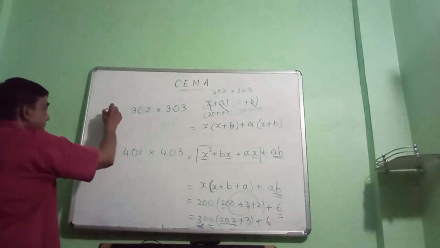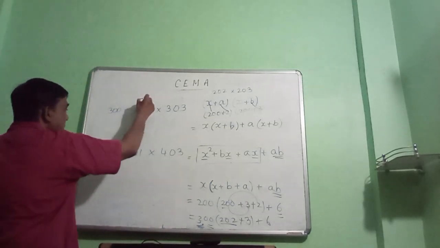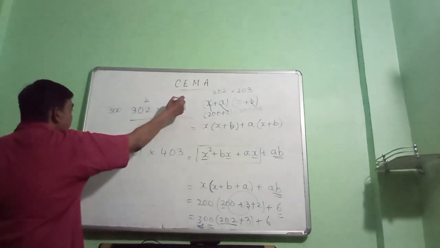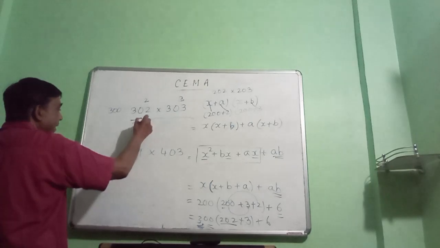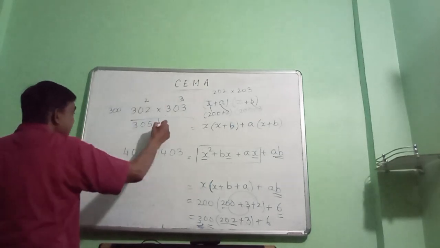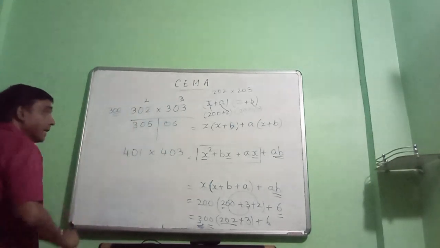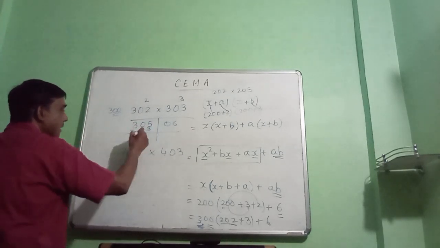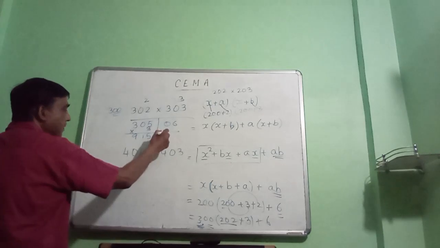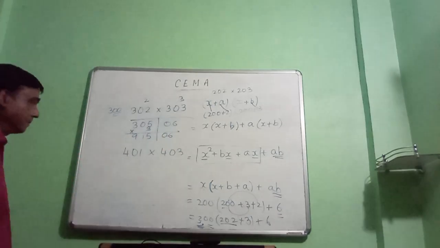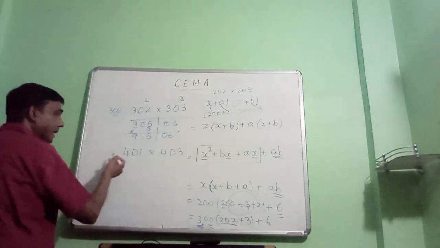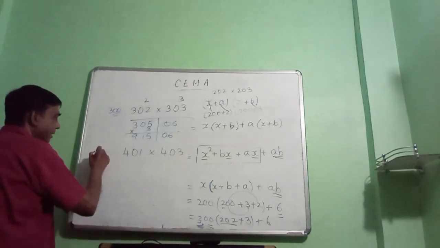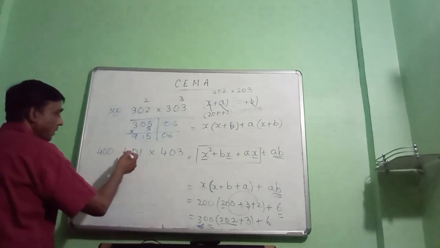So 300 is the base, 2 more here, 3 more here. So 302 plus 3, that's 305. And 2 3s are 6, because of this 100 that is there. And multiply this by 3, it becomes 91506. Okay, the same applies for 400, 500, 600, 700, 800, 900, any expression or any number.